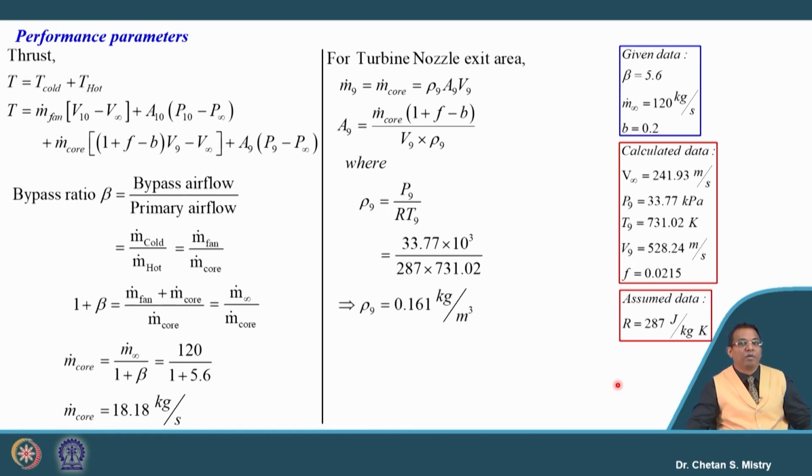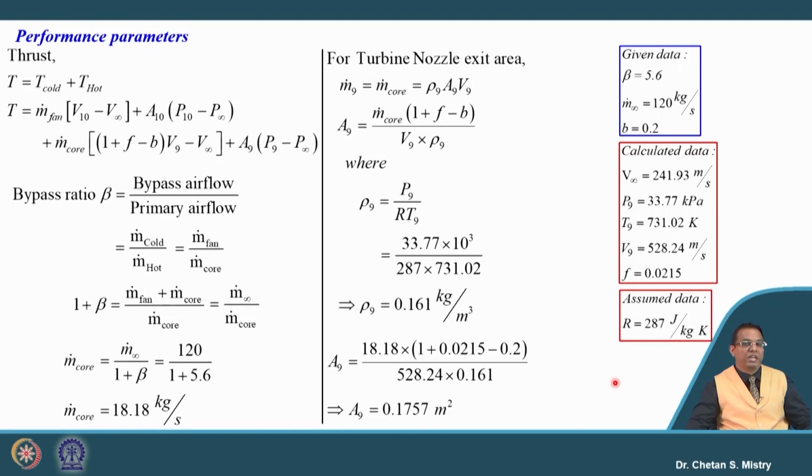If we put these numbers, the density comes to 0.161 kg per meter cube. Now, once this density is known to us, we can calculate the exit area. After putting these numbers, the exit area comes to 0.175 meters square. So, this is the area of our core nozzle, or the area of our turbine nozzle.